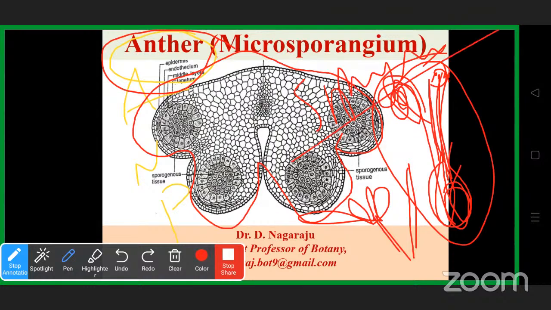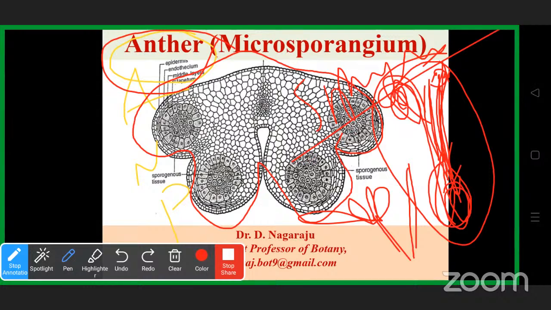Siphonogamy. That means the male gamete is going toward the egg cell through a siphon, a tube-like structure, for the fertilization. That's why we call it the siphonogamous type of fertilization. Siphon means tube.